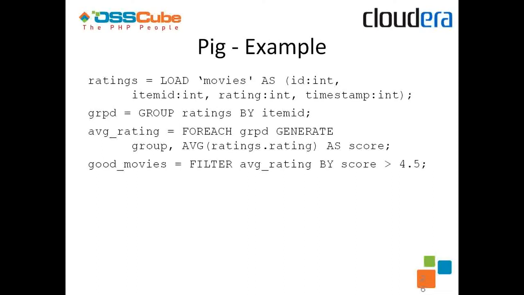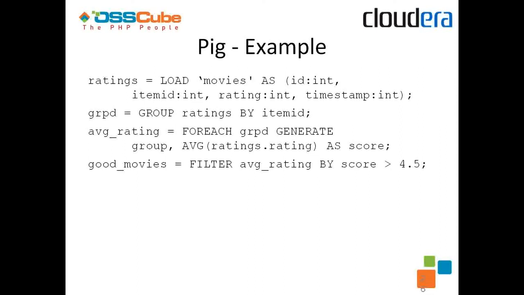So you load the movies file, and then you say, okay, this movies file has 4 columns, and I will call them user ID, item ID, rating, timestamp, for instance.